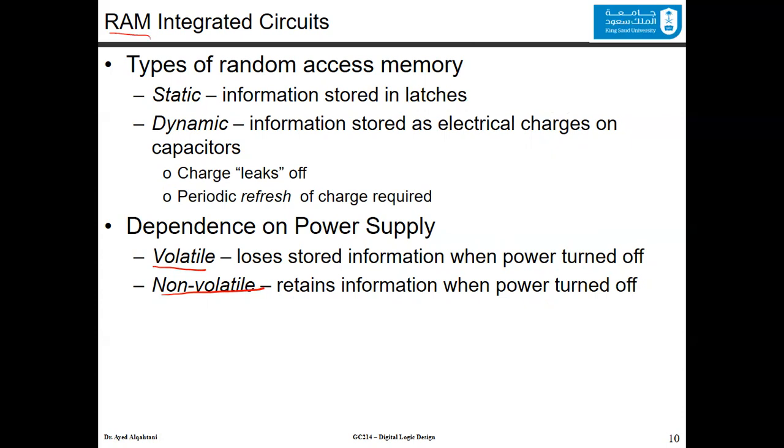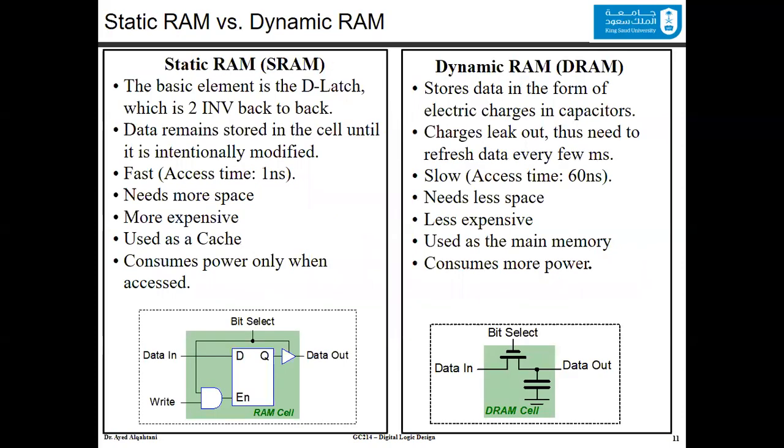Now, to see the differences between the static and dynamic in more detail, we see it in this slide. This is the static RAM, or simply SRAM. This is the dynamic RAM, or simply DRAM. The basic element here is the D latch, which is what we see here.